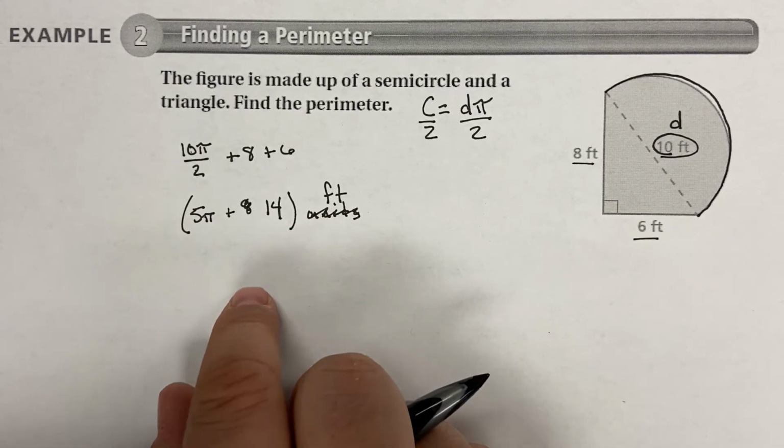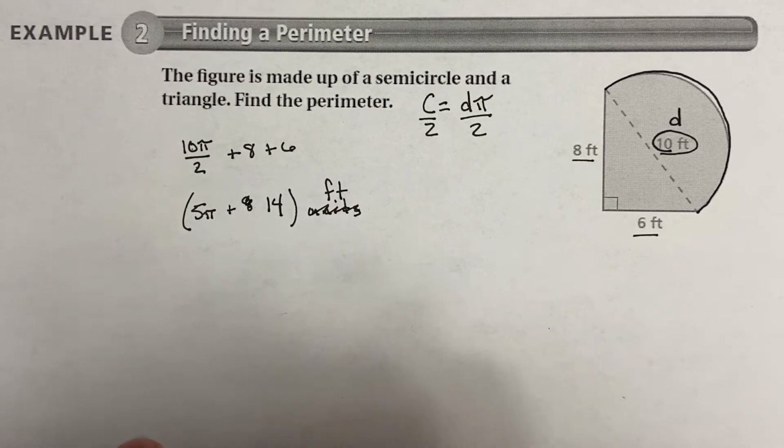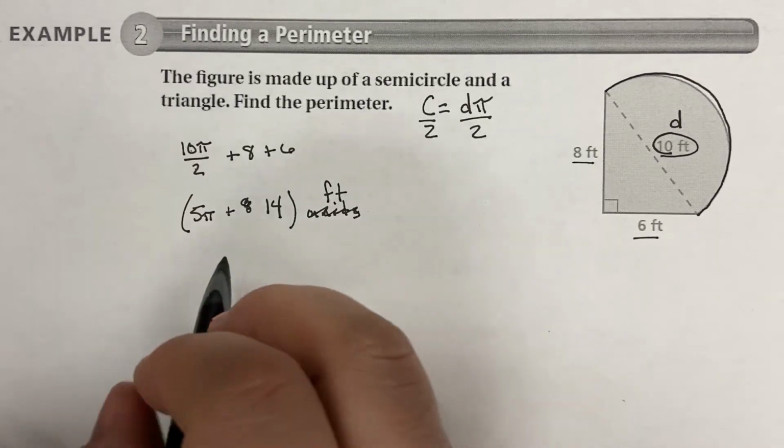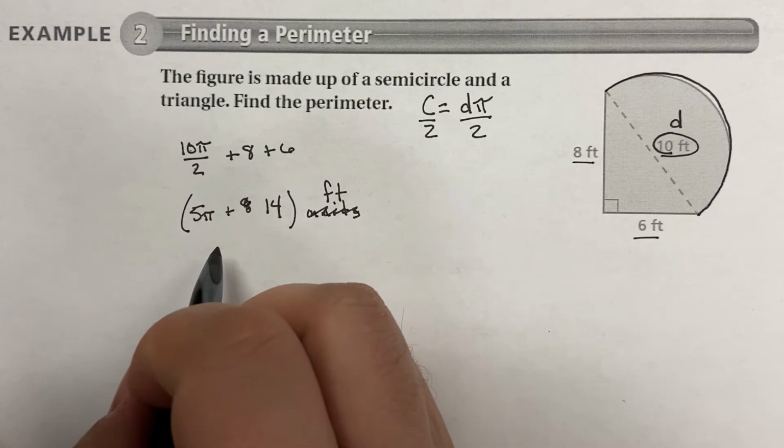However, we do want to go ahead and substitute in 3.14 just so we can have the basic answer. So that's going to be 5 pi plus 14.